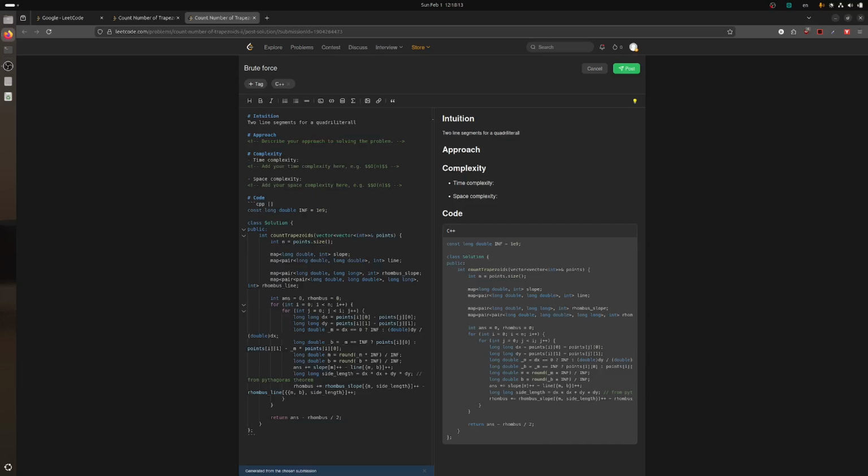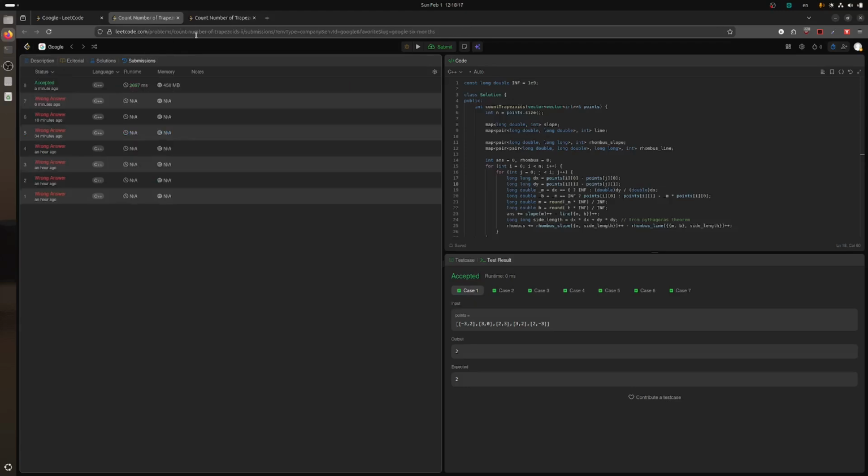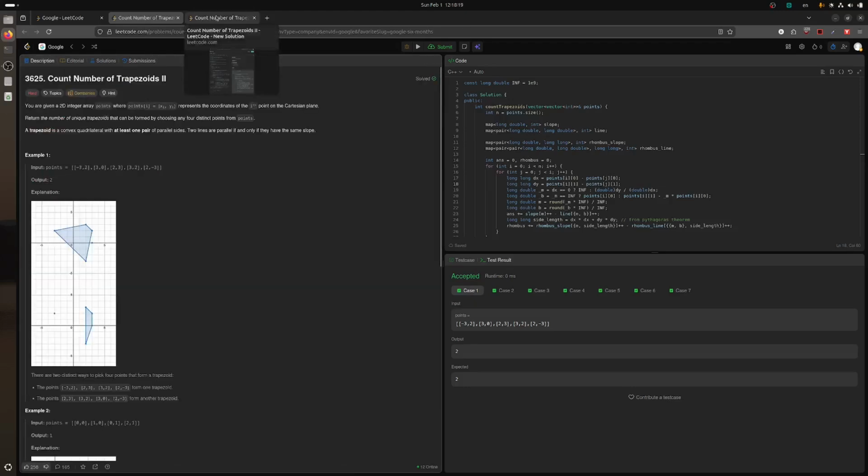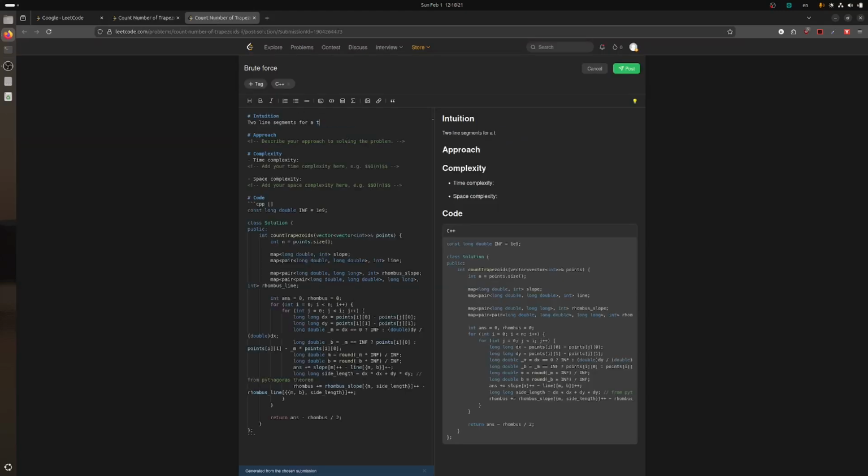I have no clue if I'm typing it right. Oh, trapezoid. Okay. Two line segments form a trapezoid.